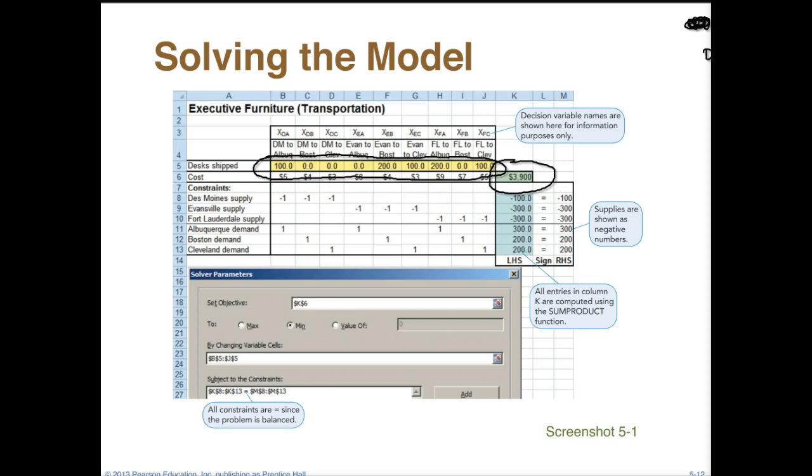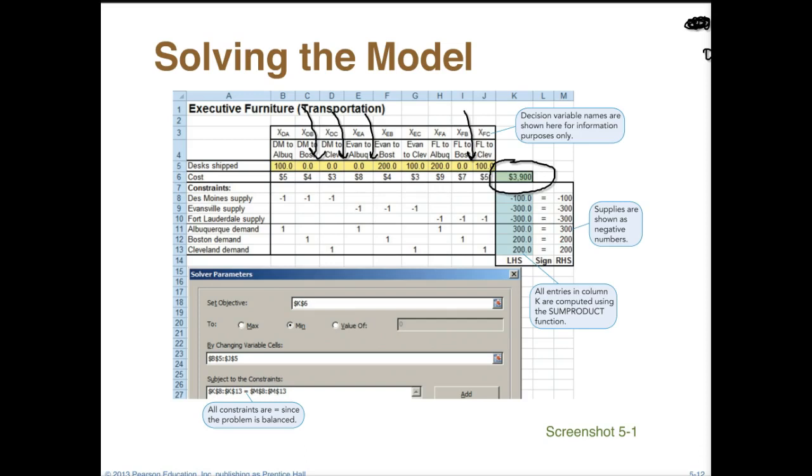Now, another reason that we want to do this is, and I'll erase what I circled here real quick, if you notice, we have some situations where we don't have anything going on these particular routes here. Okay? From Des Moines to Boston, we don't have any desks coming from the Des Moines factory to Boston.